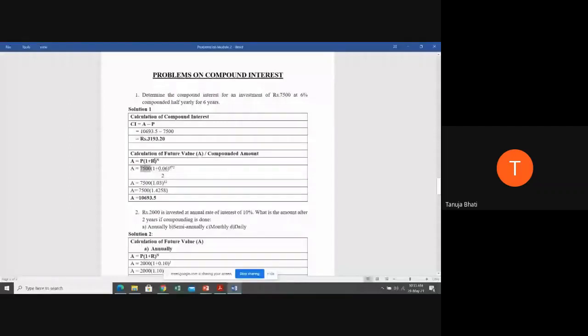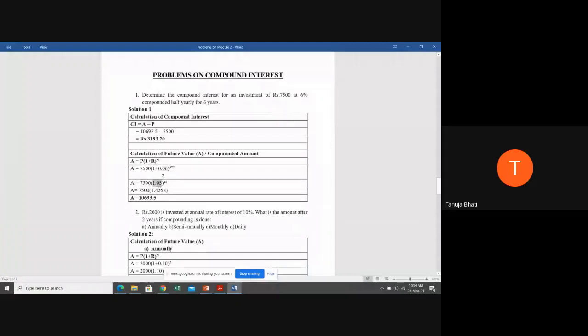Now, since it is semi-annually, you're going to divide 6 by 2 and multiply 6 years into 2. So when you further solve it, it is 7,500 in the bracket. 6 divided by 2 will be 3%. So how do you write 3%? 3 divided by 100 is 0.03. So plus 1 becomes 1.03 raised to 12.